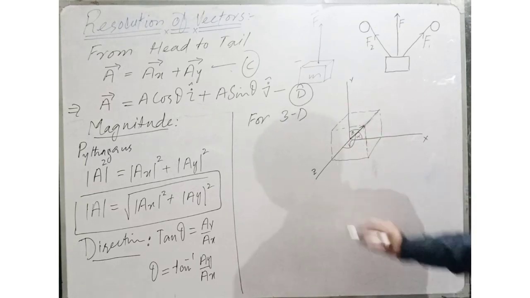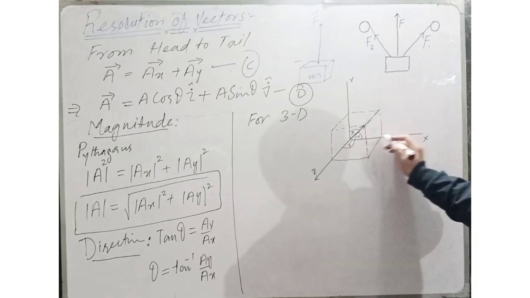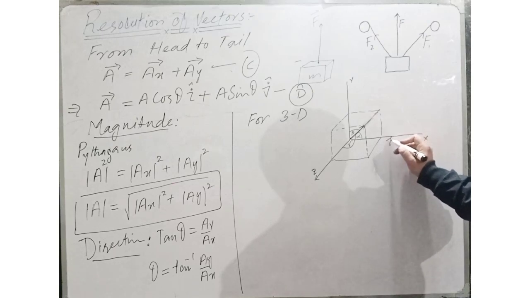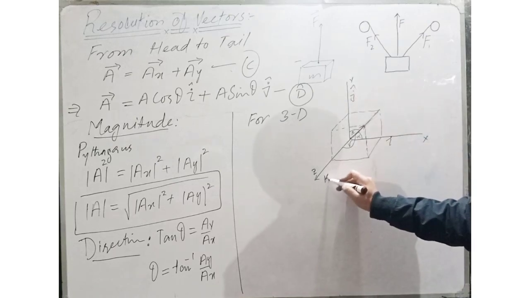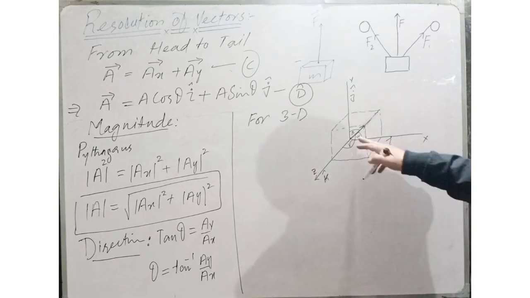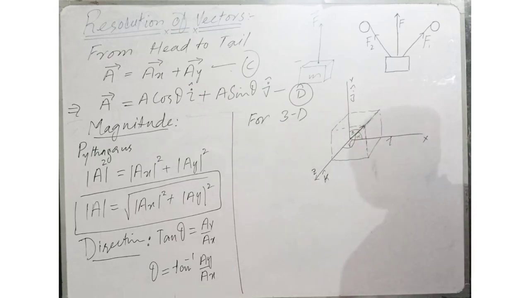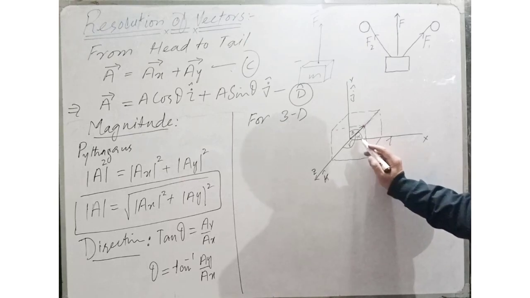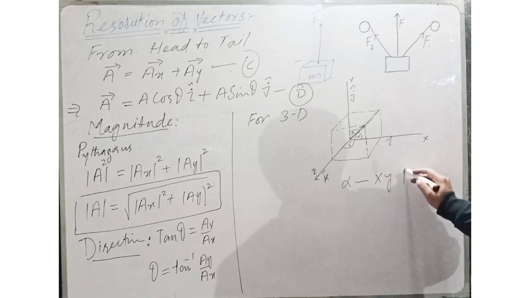So it is making 3 different angles along with 3 mutually perpendicular axes. And the unit vector along x-axis will be i cap, along y-axis will be j cap, and along z-axis will be k cap, right? Now how we are going to find the direction for such a vector? So we can use any of these angles, but if we are going to find alpha, we have to use x, y plane.